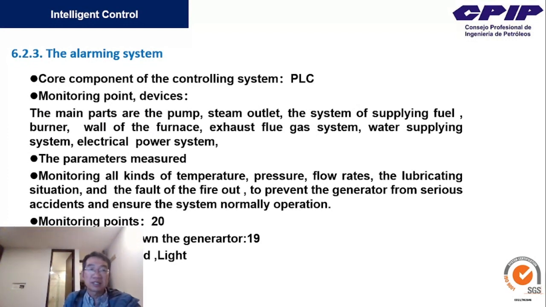The alarming system is a core component of the PLC controlling system. Monitoring point devices cover the main parts and the pump, steam outlet, fuel supply system, burner, wall of the furnace, exhaust flue gas system, water supply system, and electrical power system.